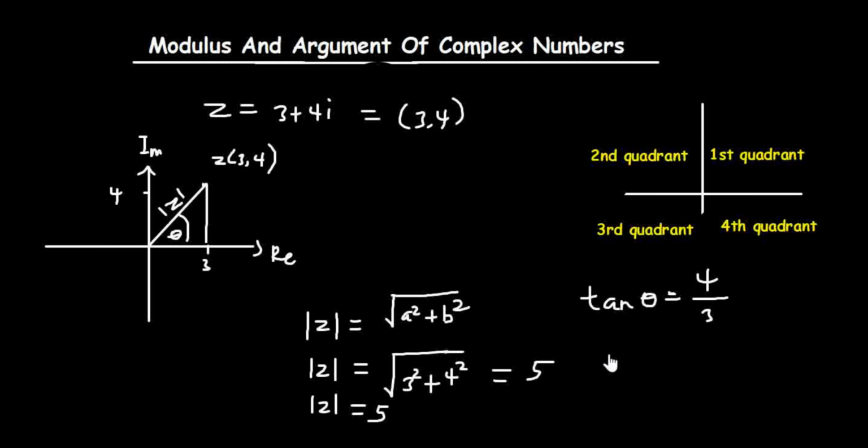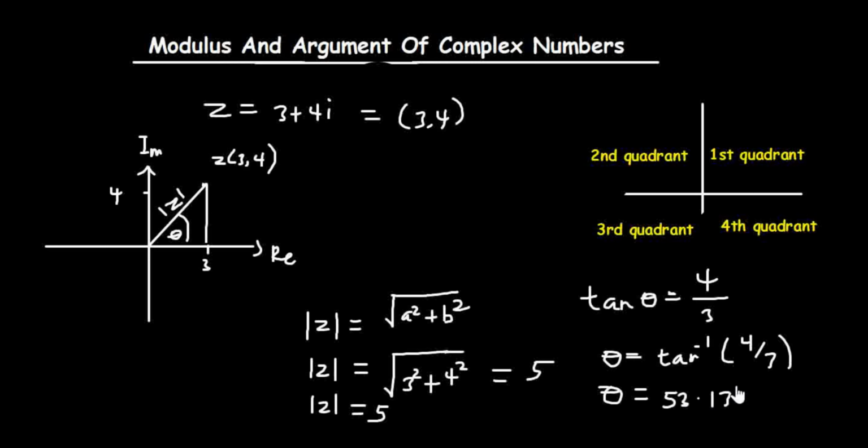So we will have the angle theta equal to the tan inverse of 4 over 3. Let's see the value of that. That gives me the angle theta to be equal to 53.13 degrees.